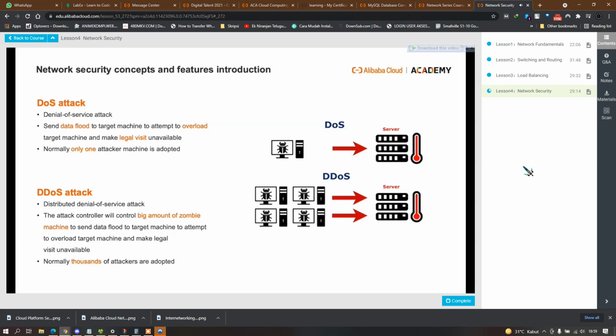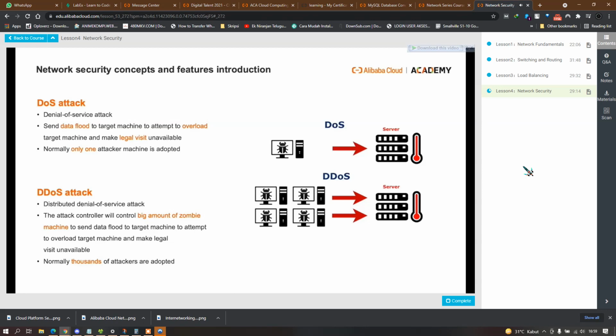The zombie machines are the real attackers that attack your system. It will control the large number of zombie machines to send a data flood to the targeted machine and attempt to overload it and make legitimate visits unavailable. So the difference between DDoS and DoS is that DDoS has a large number of attackers.